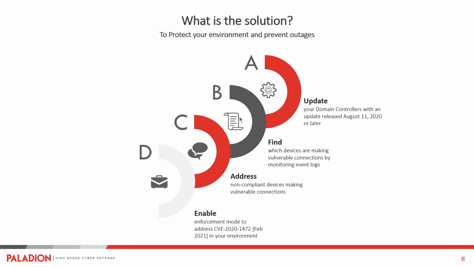Once that has been done, it's the phase 2 approach. Phase 2 is basically the DC getting into enforcement mode. We are expected to have that phase 2 patch by February 2021. Once that patch is installed, there will be no non-secure RPC connection in the environment, except those coming from assets which are part of the group policy.